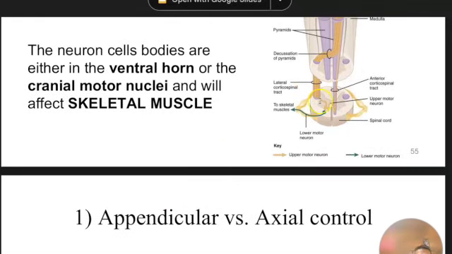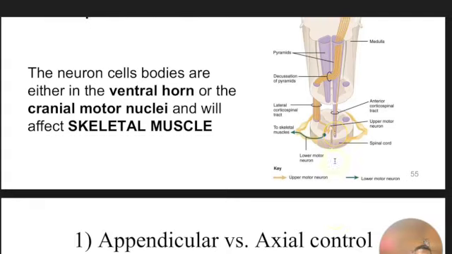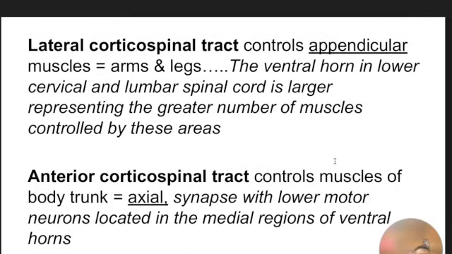Anterior, it will come straight down to the anterior part of the anterior horn. The lateral corticospinal tract is a little bit more complicated. The anterior corticospinal tract goes straight to the anterior horn.